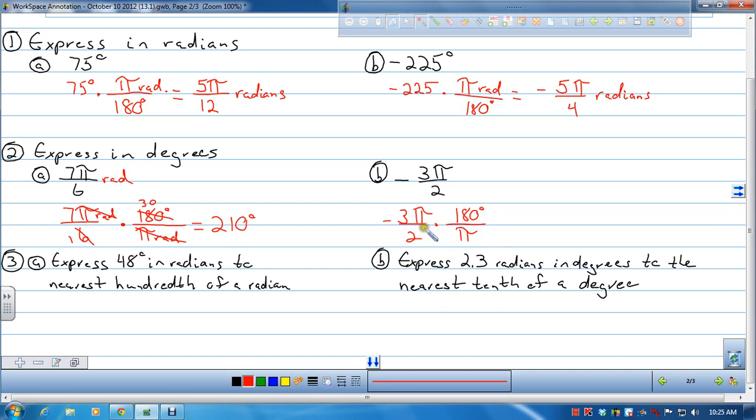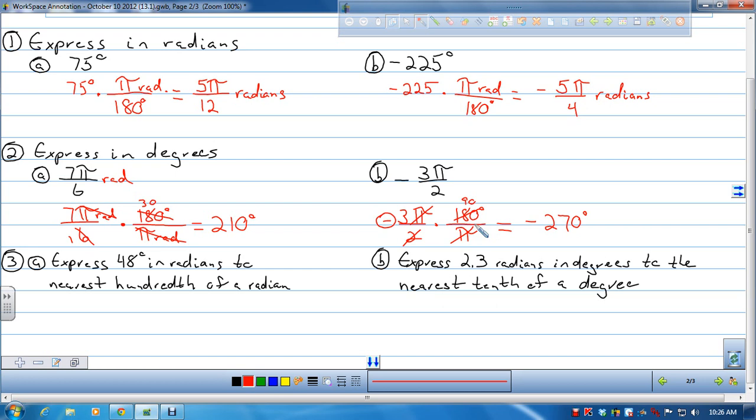Now I'm not going to get too hung up on you writing down radians up here and writing down radians here and then simplifying. My hope is that you understand that those labels are in fact there, and I am converting to degrees, so we know that they go away. We know that those 2 would turn that into 90, and I should end up with negative, we don't want to forget that guy right out there, negative 270 degrees.